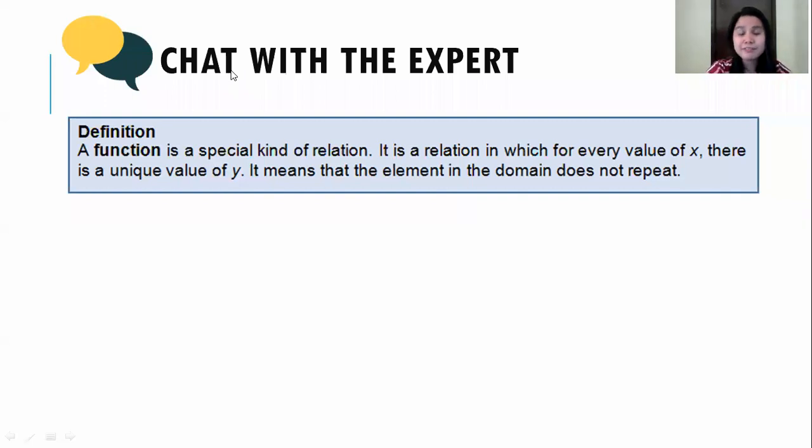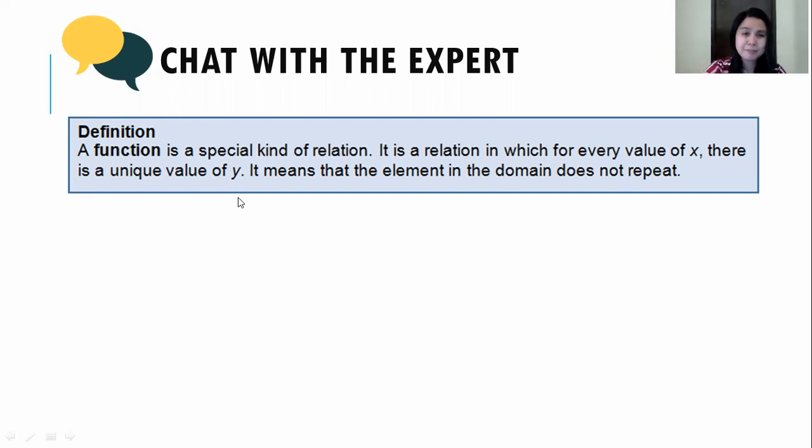A relation is a function if for every value of X, there is a unique value of Y. Now, let me simplify it. A relation, an ordered pair, is a function if the X coordinate does not repeat. Again, the X coordinate does not repeat.